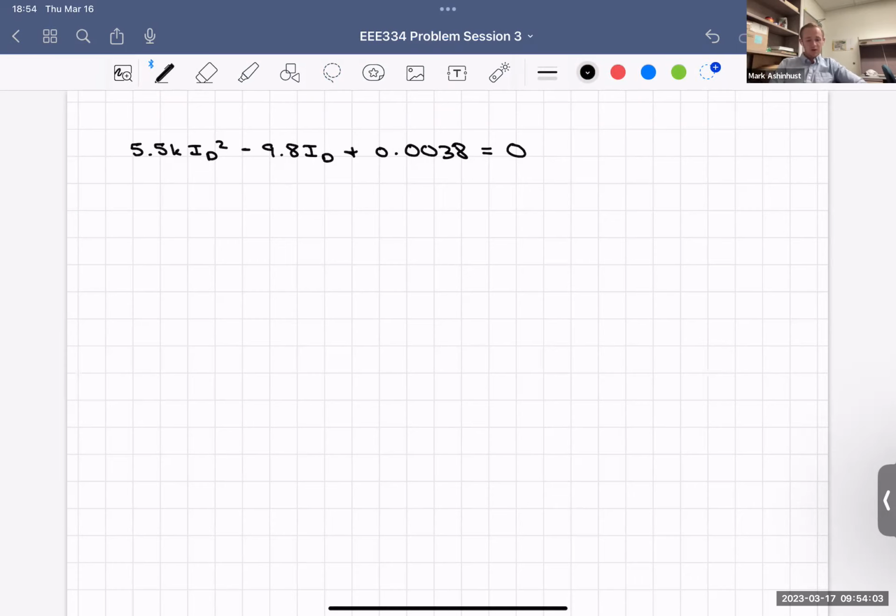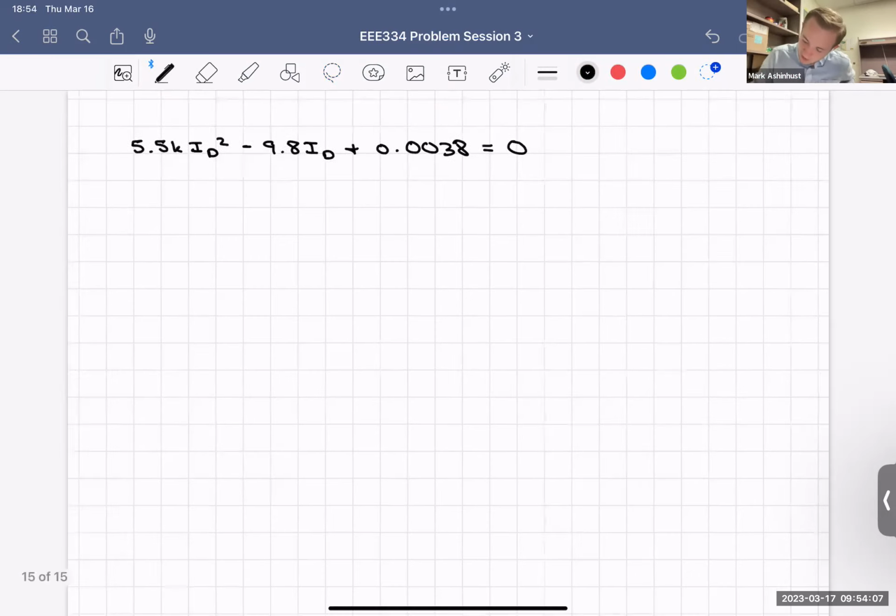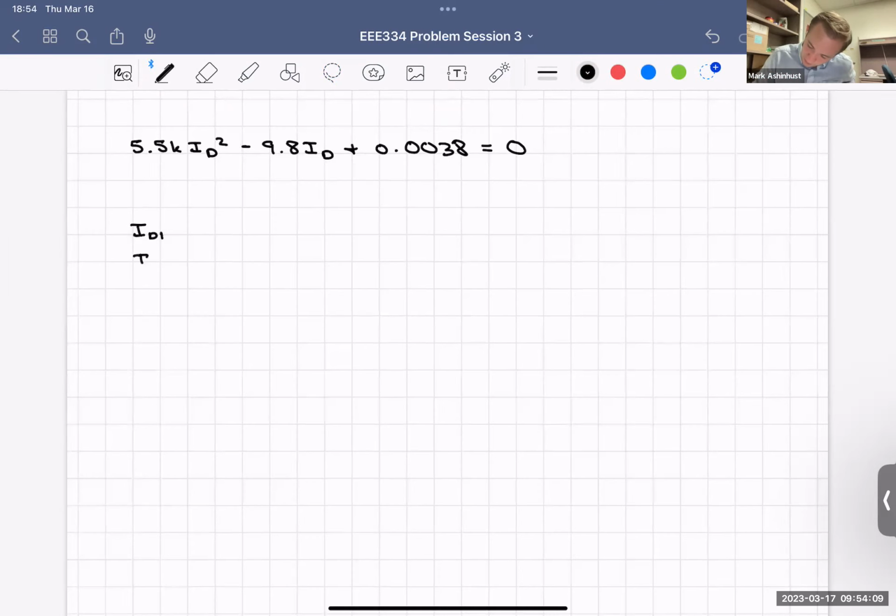We're going to get two answers again, and we'll have to see which one's right. So, using a calculator, we get ID1 and ID2. ID1 is equal to 0.549 milliamps, and then ID2 is equal to 1.41 milliamps.